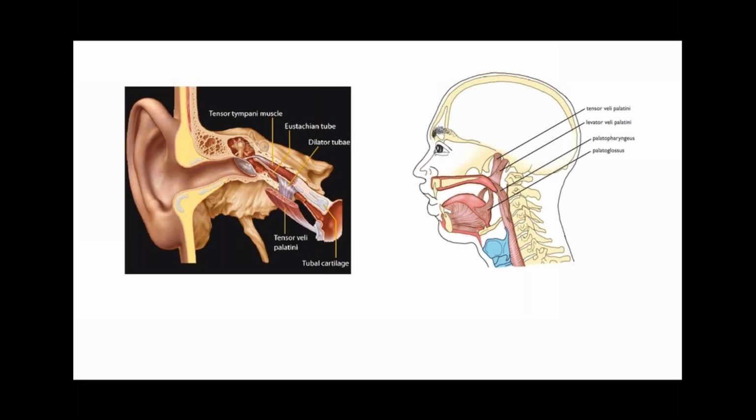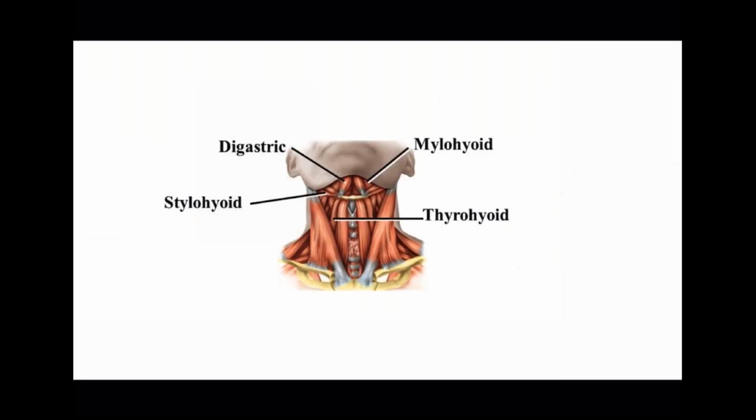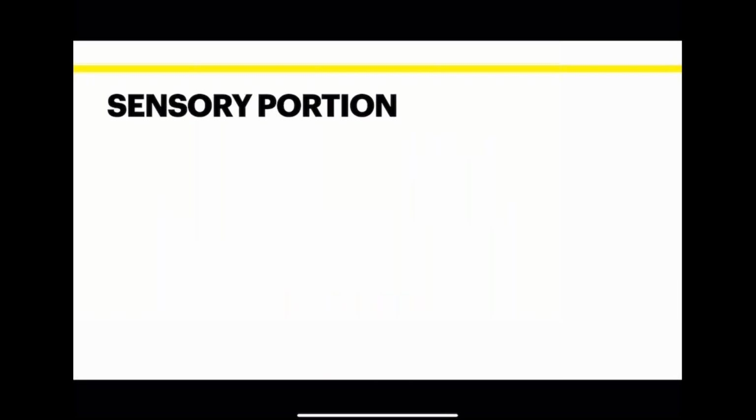Like when we chew, we don't hear the loud sound in the ear because of the help of this muscle. And it supports also the floor of the mouth from the mylohyoid and the anterior belly of the digastric muscles. So this is the motor portion, straightforward and easy.